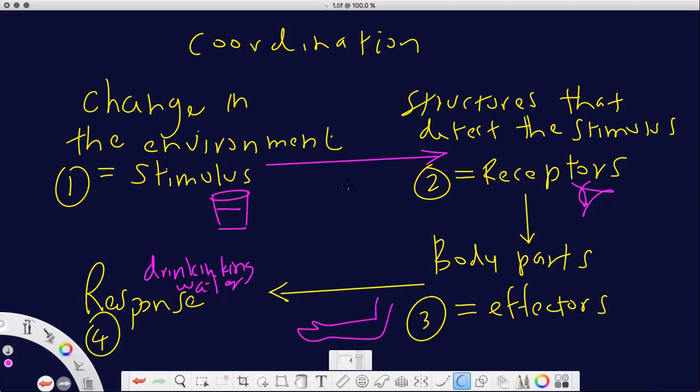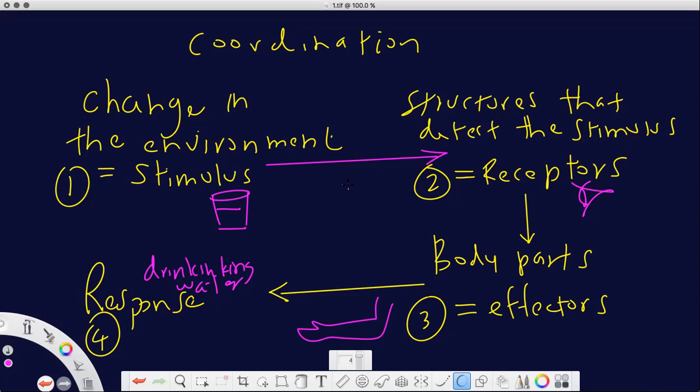So we can fit any different kind of situation according to these four components of the coordination: stimulus, receptors, effectors, and response. Right, so you can copy this down later onto the notes on the first page.